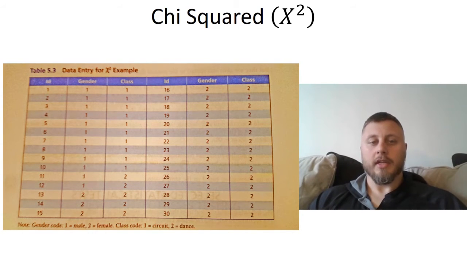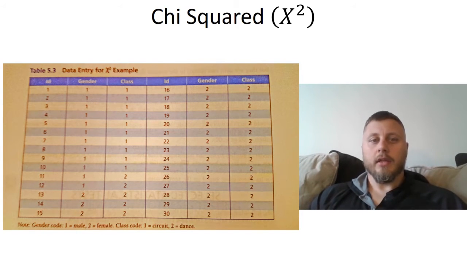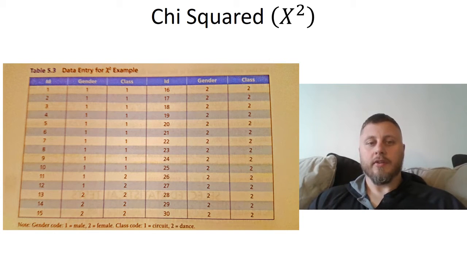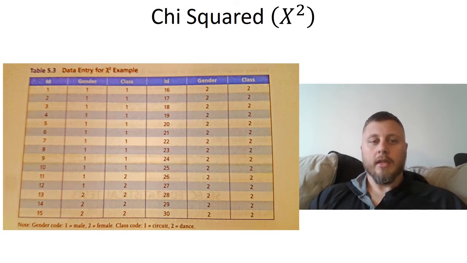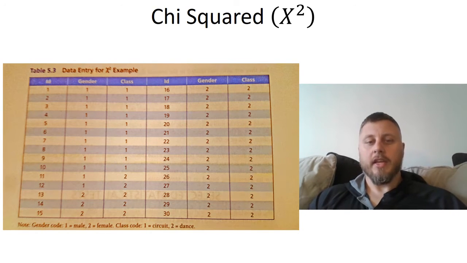So basically what we're looking at is, I don't want to call it a crossover method, but some variation indicating. But let's look at these numbers real quick. In columns 3 and 6, you can see the ones and the twos indicating the different types of classes. Here you're looking at participants 1 through 10 going into the circuit training class, and then from participant 11 down to 15, we start the twos.